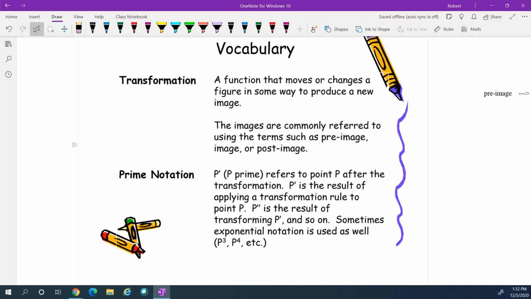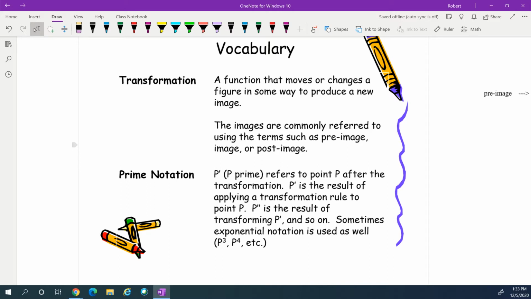And at some point, those little tick marks can get a little messy. So we change to what looks like exponential notation. P3, P4, P5. So P5 would mean point P after five changes, five things were done to it. What those things are doesn't really matter at the moment.